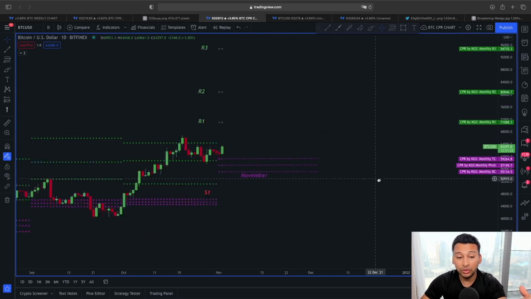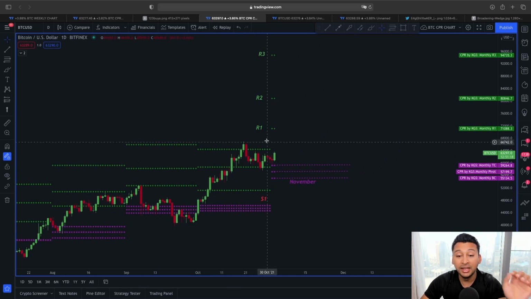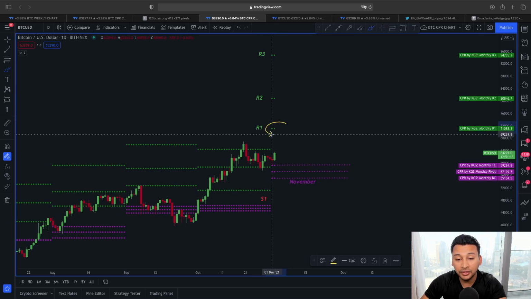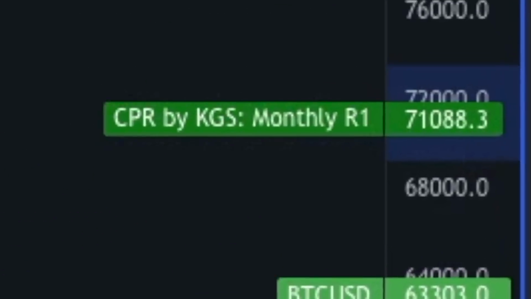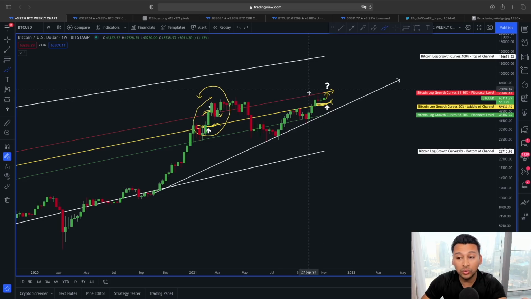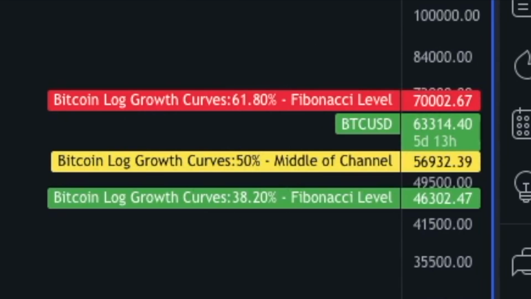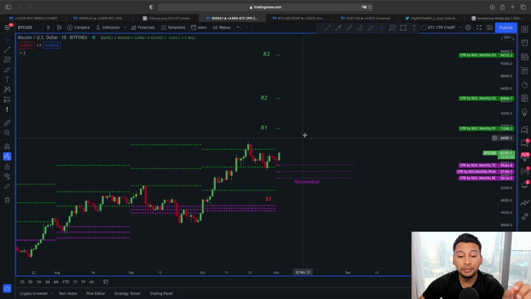If you look at this price action using this CPI indicator, which is the leading indicator, this CPI indicator has also already placed the first target for this November month, and this first target, as you can see, is also lying around the 71,000 price range. Now, according to this 1, 2, 3 reversal, the 70,000 price range, and also from this Bitcoin logarithmic growth curve, the 61.80 is lying around the 70,000 price range. So now we are aware this 70,000 price range could be on the line in the upcoming days for Bitcoin.